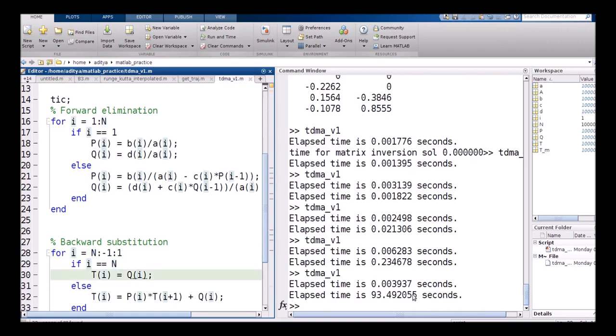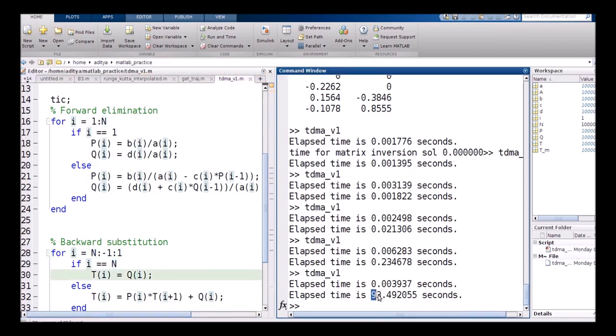So finally we have the solution, and it took almost 93.5 seconds compared to approximately 4 milliseconds for the TDMA. So significantly outperformed.